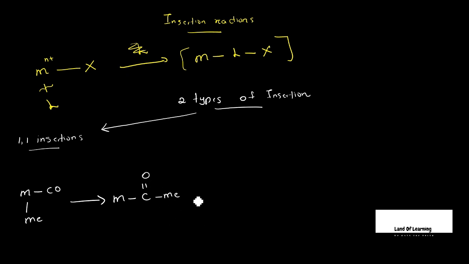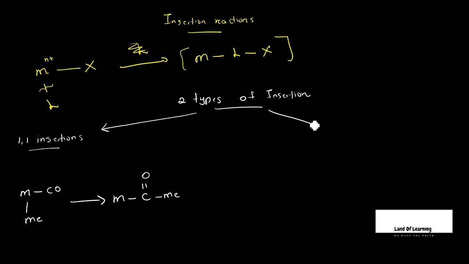Now you may have some questions, like whether the carbonyl group is breaking its bond and going to the methyl group, or the methyl group is breaking its bond and going to the carbonyl group. We will explain that later in this video, so hang on with me.